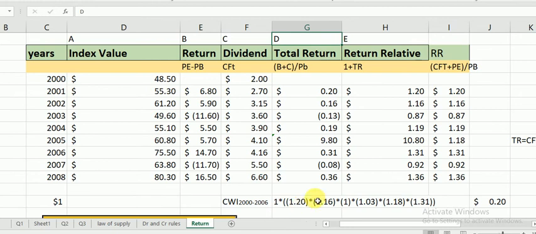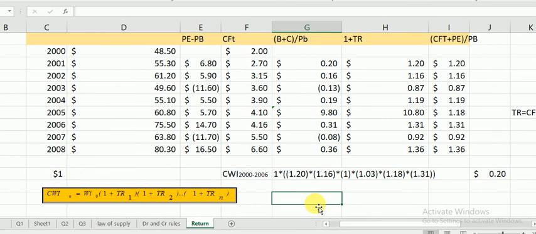So 1.20, this one, multiplied by 1 plus TR2, which is equal to 1.16. 1.16 multiplied by 1 plus TR3, which is equal to 1.